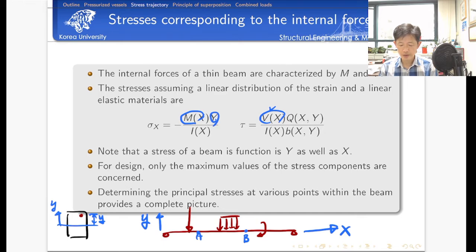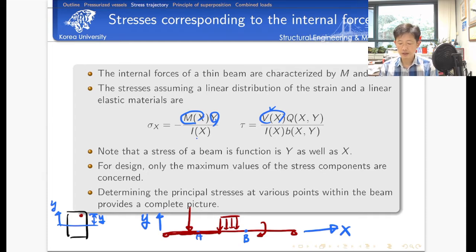And the second moment of inertia also depends on x coordinate, because, for example, up to this distance, let's say we want to use a bigger cross section, and for the remaining part we want to use a thinner cross section. In that case, our second moment of inertia must depend on the position of my structure.